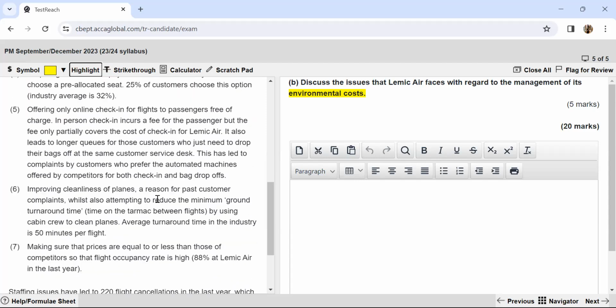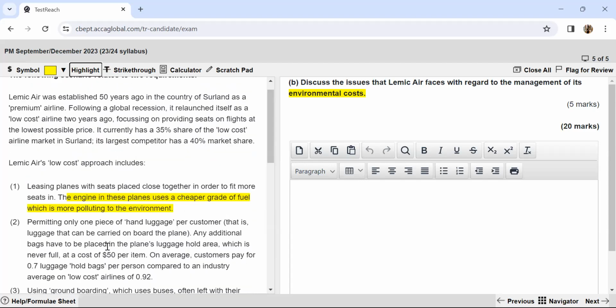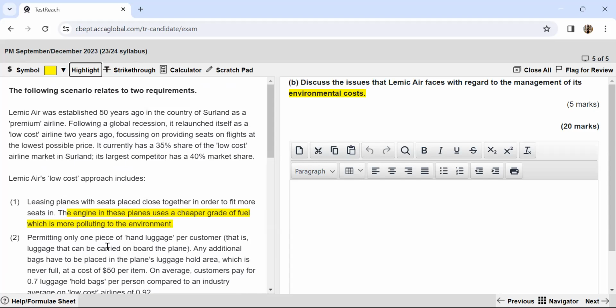And anything else that we were able to identify? No. So this is all regarding the environment that we could identify. Now we have to discuss the issues with regards to the environmental costs. So when we talk about environmental costs, it is very clear from the situation that when it comes to the airline industry, there are a lot of environmental costs.